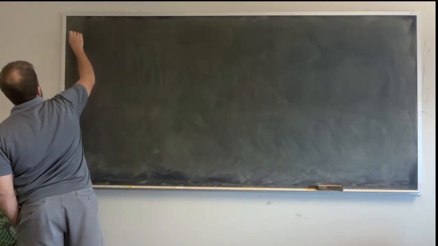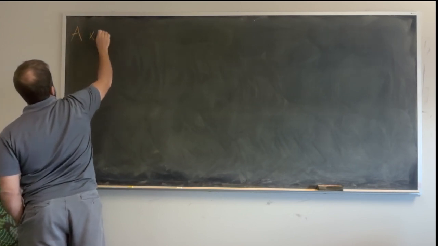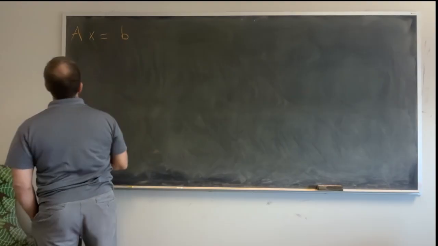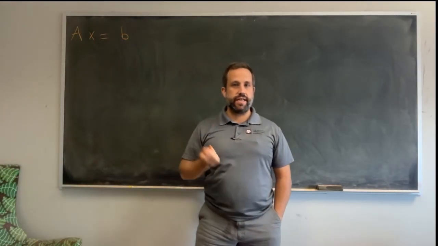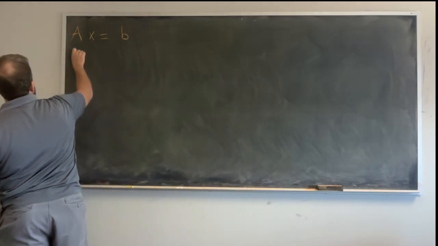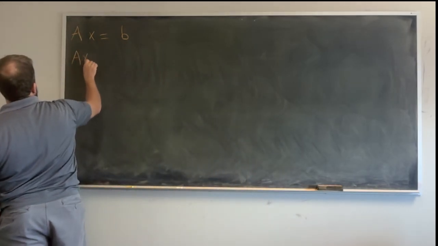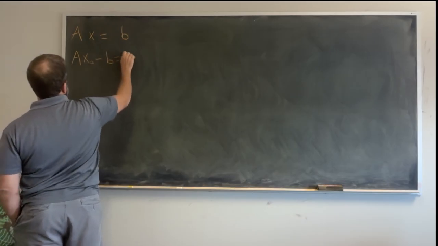We're going to have some problem that we want to solve, Ax = b, and we're going to form an initial guess. So usually the initial guess will be equal to 0. So we're going to form A times x0, and we're going to subtract off b, and this is going to be the residual.